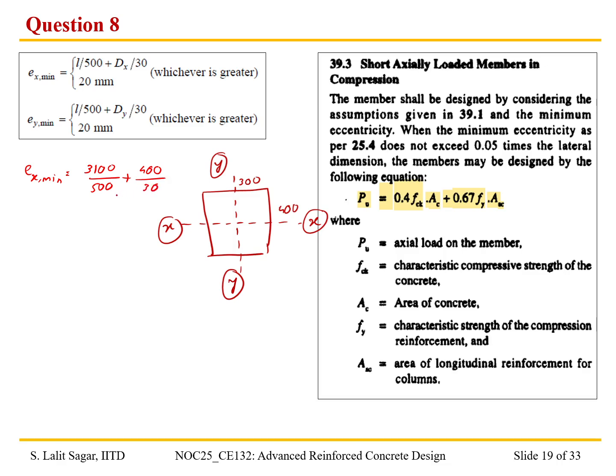That gives us a value of 19.8 millimeter, or it has to be 20 millimeter, whichever is greater. So we are going to take the minimum eccentricity about the x-axis as 20 millimeter.